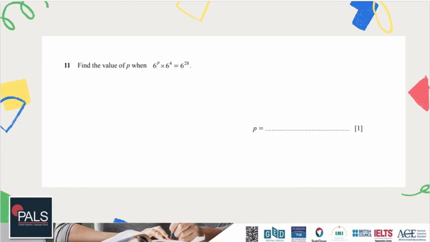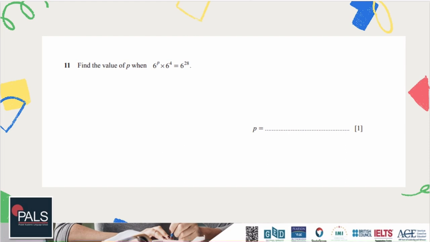So number 11, find the value of p when 6 to the power p times 6 to the power 4 equals 6 to the power 28. So this is the exponent topic.